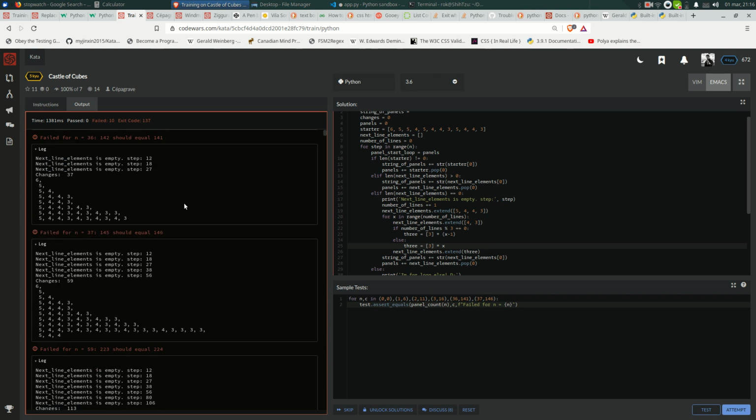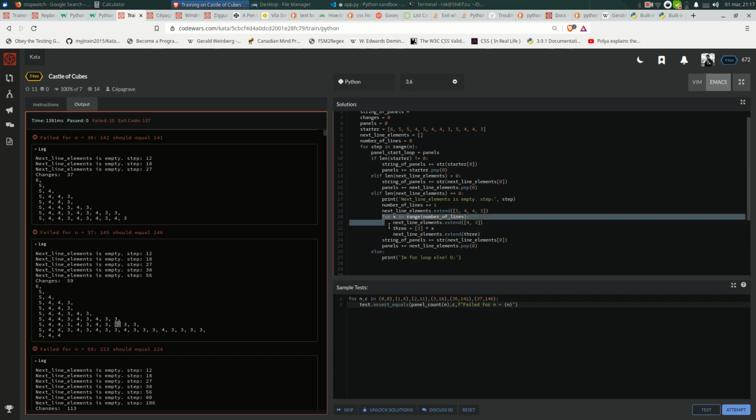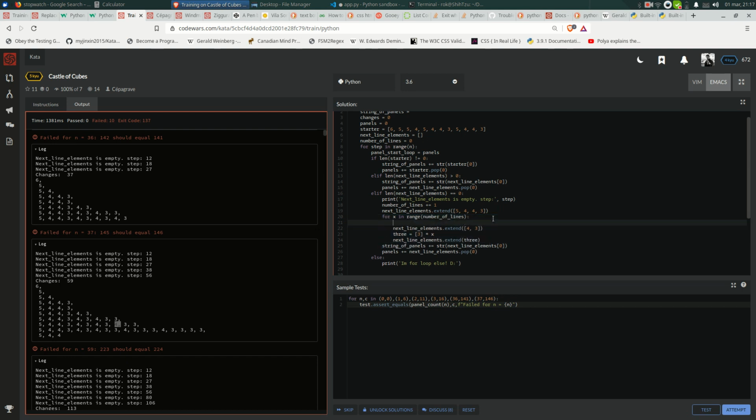Because we applied it in the wrong way. We should not have done any of this. Oh, because we are not concerned about the number of threes, we're concerned about this one. The whole loop should not run.